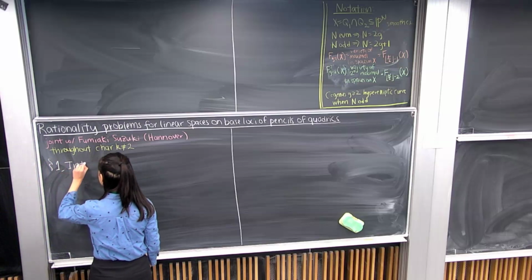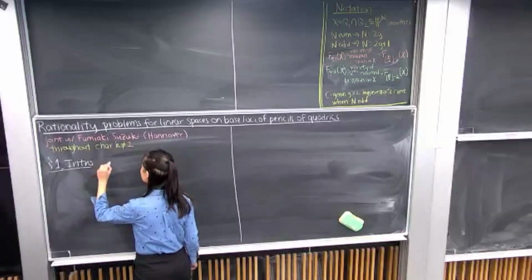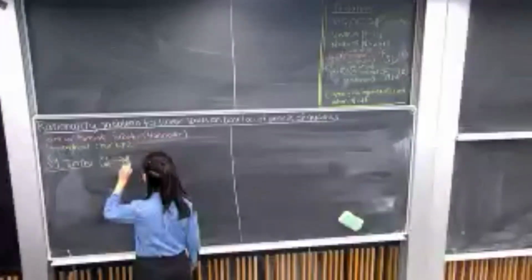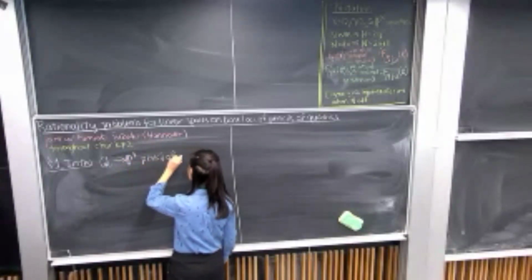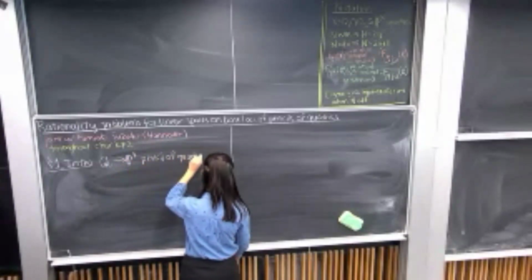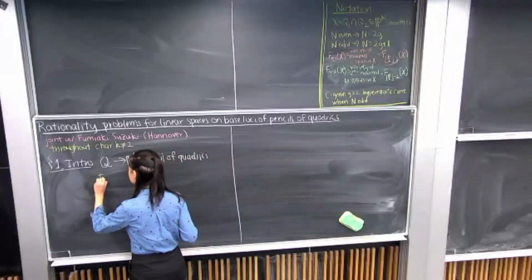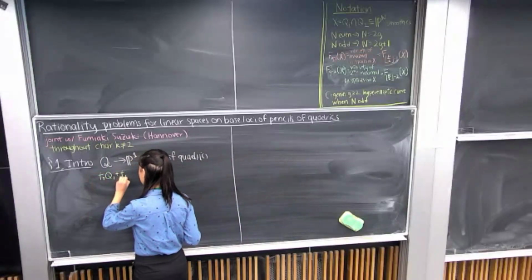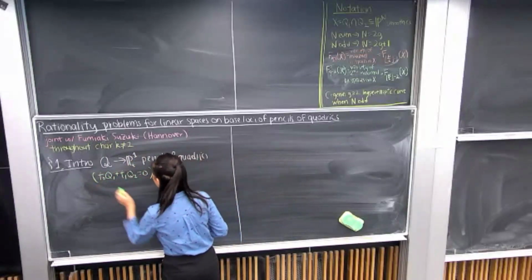Okay, so just to start off with an introduction, to define the objects, we're going to be dealing with a pencil of quadrics. In equations, this is given by Q0 plus T1 Q1 plus T2 Q2 equal to 0, where the T's are the coordinates on the P1.